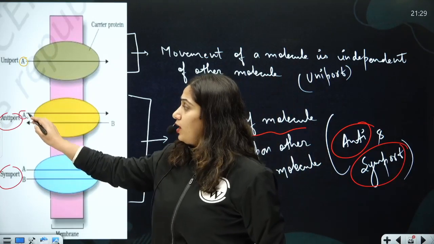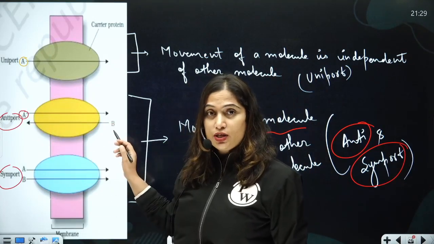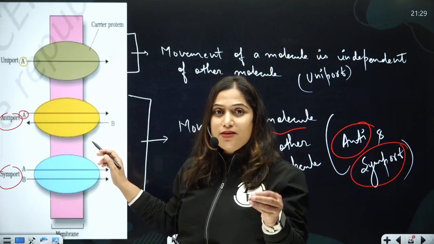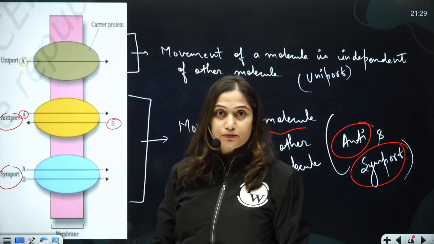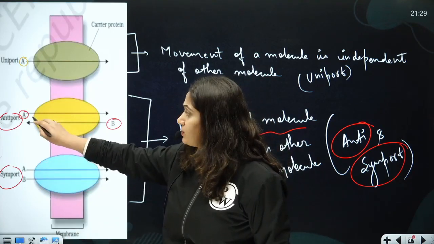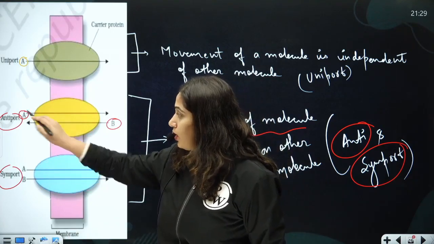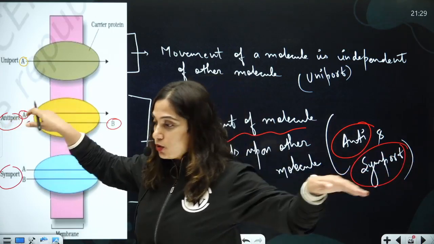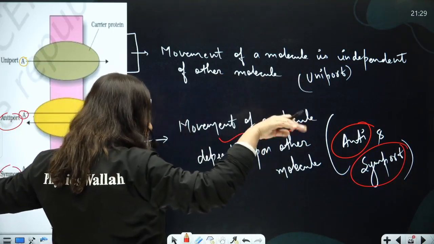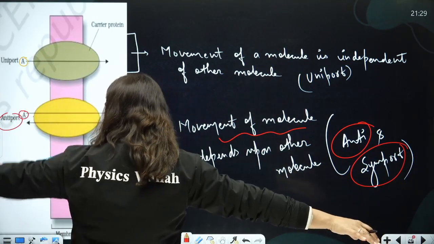When this molecule A has to go into the cell, then simultaneously the molecule B will come out of the cell. That means from this point the protein will be attached to A, from this point the protein will be attached to B, then it will rotate, it will take A into the cell and B out of the cell.